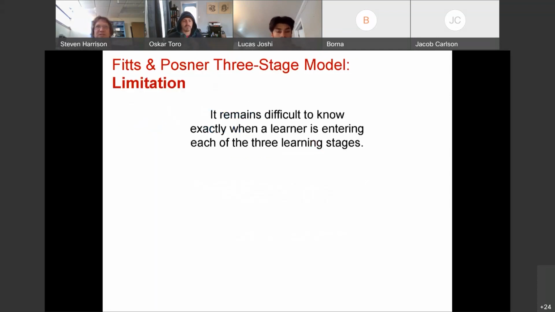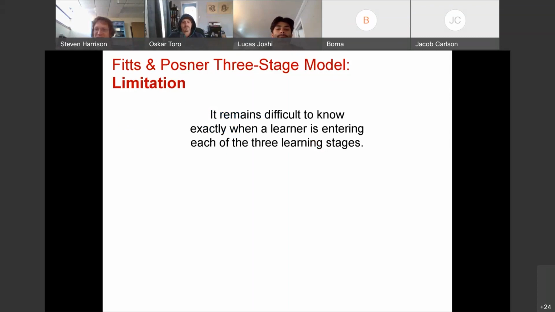Okay, so let's look at some general limitations of this particular way of conceptualizing learning. From the perspective of this theory, it remains difficult to know exactly when a learner is entering each of these stages.